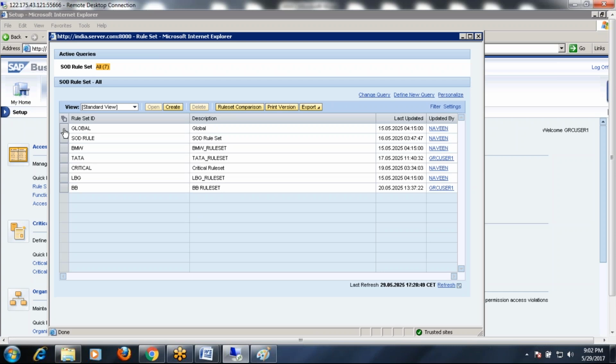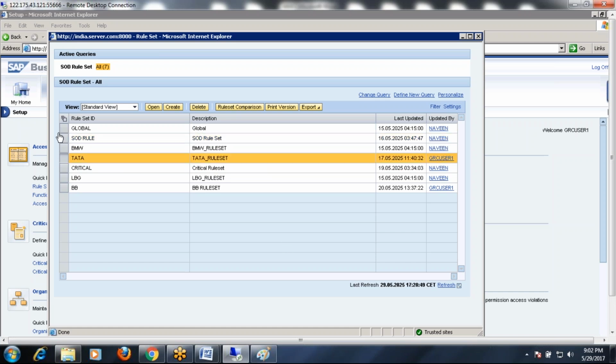So we have global, which is what we get by default. And then these are the customized ones. You can see there are several customized rule sets available like BMW, Tata, LBG, critical, SOD rules, whatever name you want as per your wish. Clear everyone?